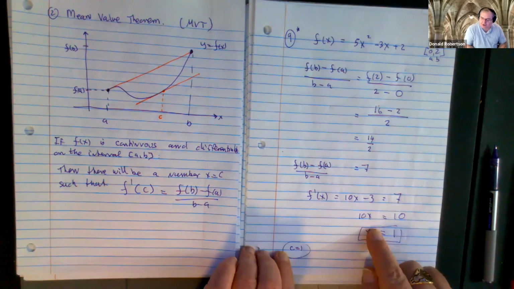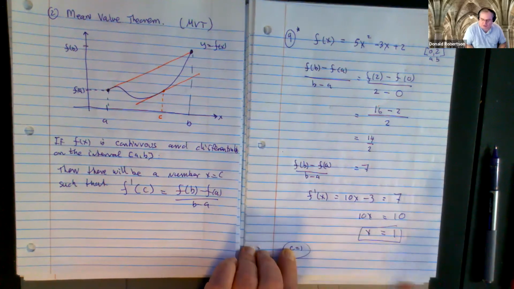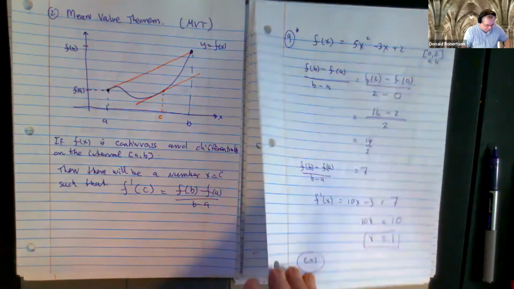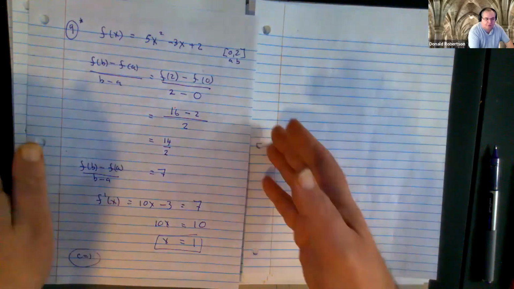We call this number C. It's just the x coordinate, but we call it C. Are we good on that one? Any questions before I move on to number 10?